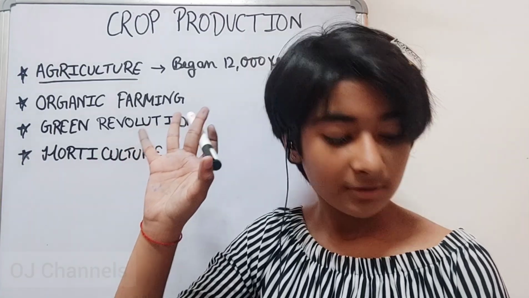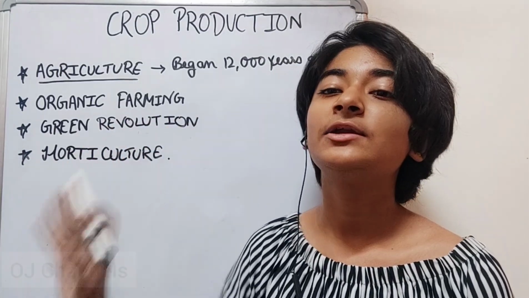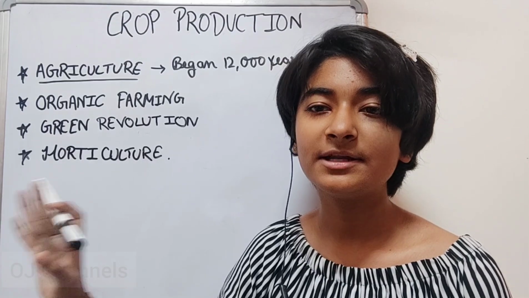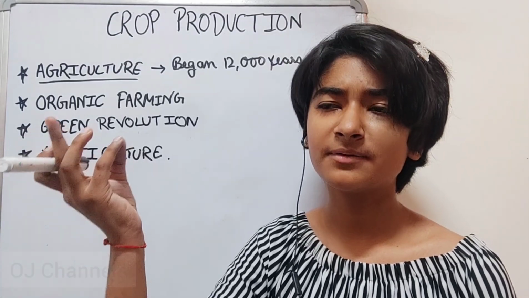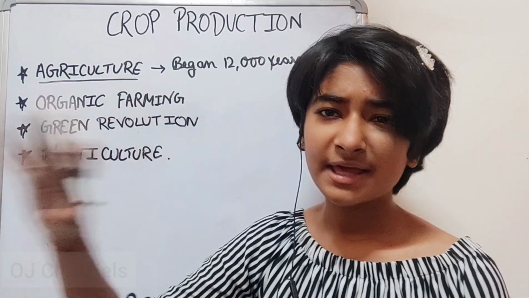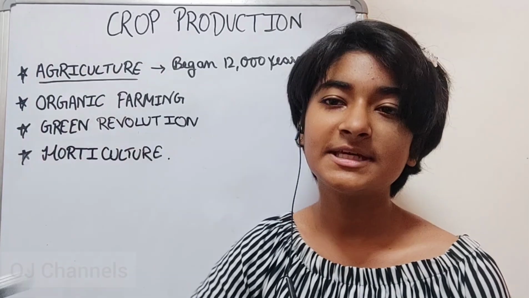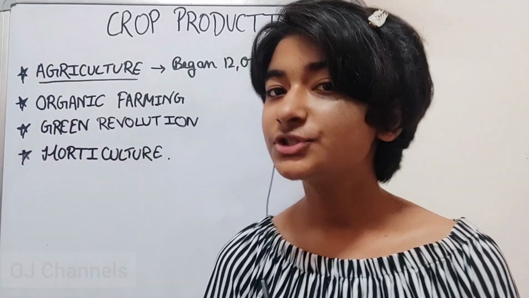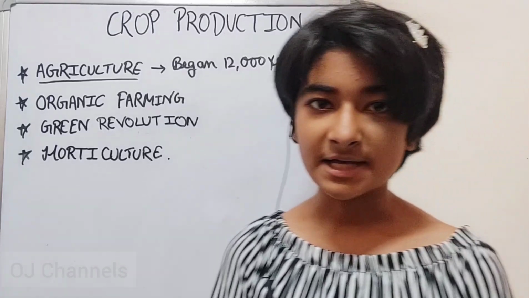This crop production chapter will be divided into many parts because it is a lengthy chapter. It has many methods, preparation of soil, sowing of seeds, many things. It is a huge chapter, so it will take time to discuss.